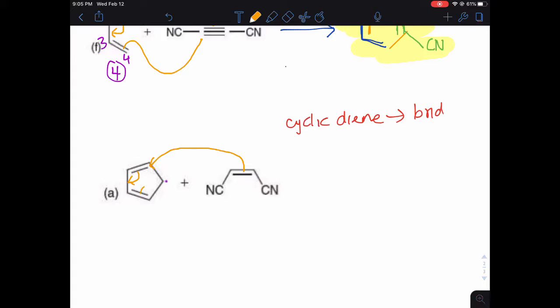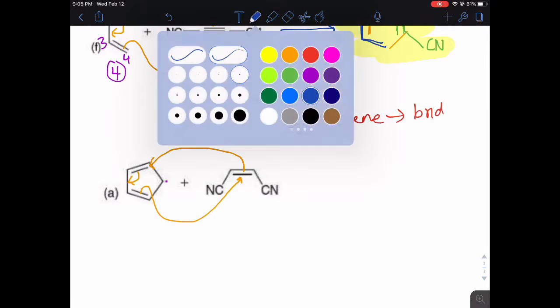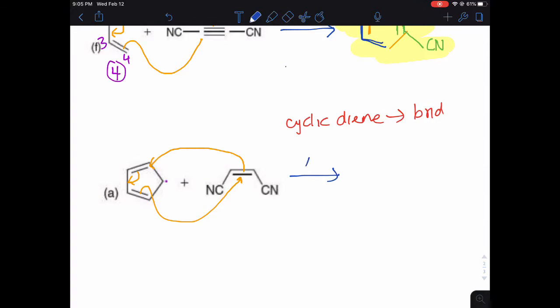Okay, and then we'll form another bond back to the dienophile. Okay, this is happening in the presence of heat. So what you want to understand is that in this scenario, notice we didn't touch this part of the diene. That part will be pushed up. Okay, let's see what that looks like.